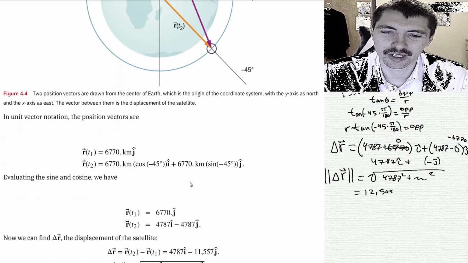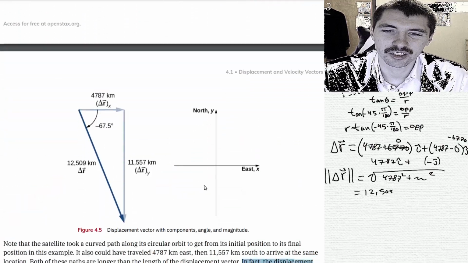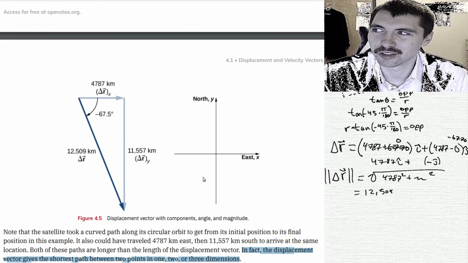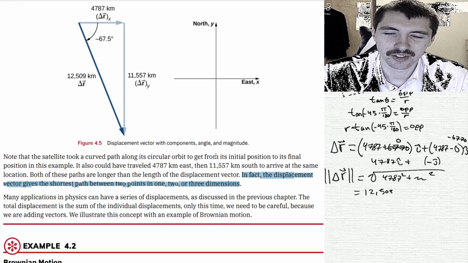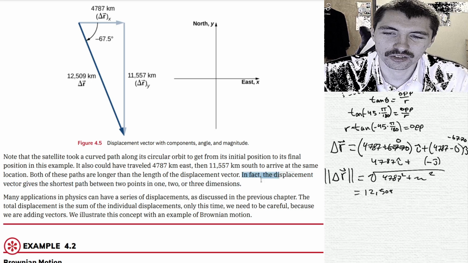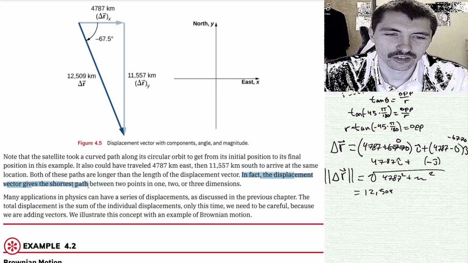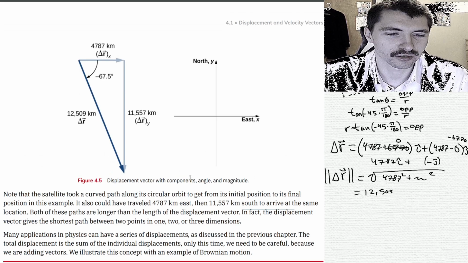I mean, we only use i and j hats, so this section feels like just a review of vectors and one-dimensional motion. But I think this is a really cool fact. Shortest path. I'm a big fan of optimizing.